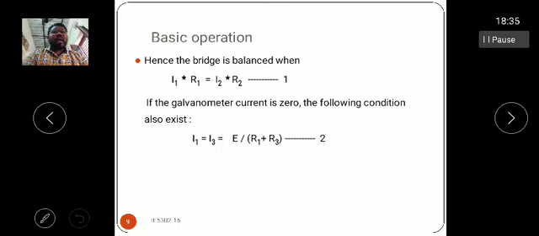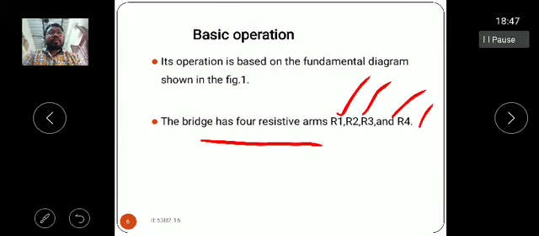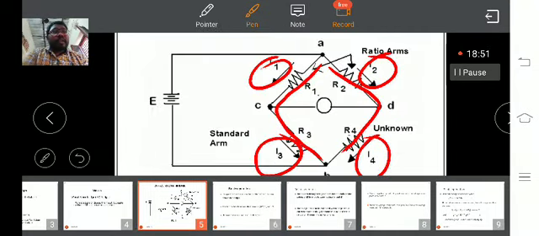Here I1 and I3 are equal, so the current is the applied voltage divided by the resistors R1 and R3.